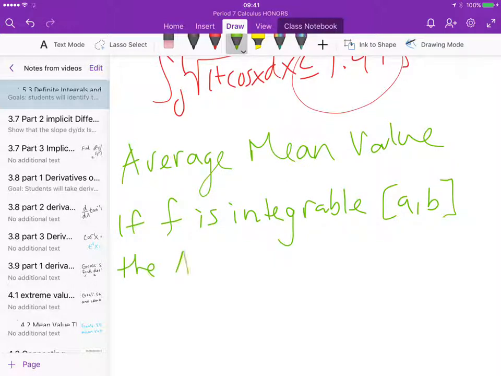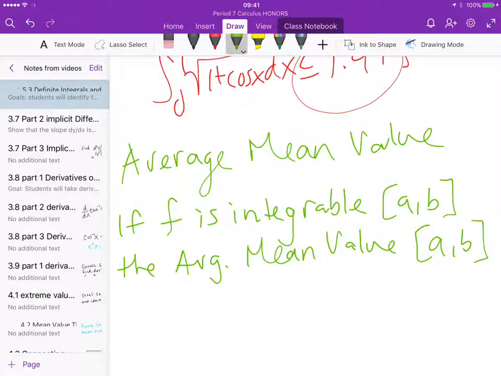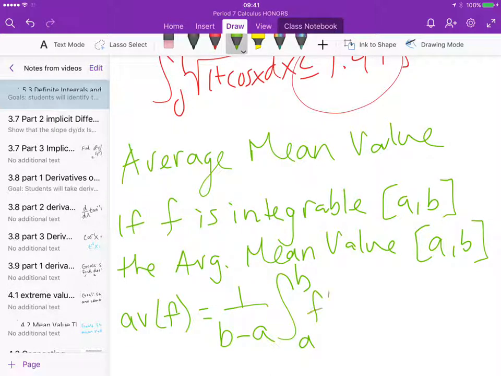The average mean value will be found, we usually write it AV of f, average value of f, is equal to the fraction 1 over b minus a times the integral from a to b of f of x.